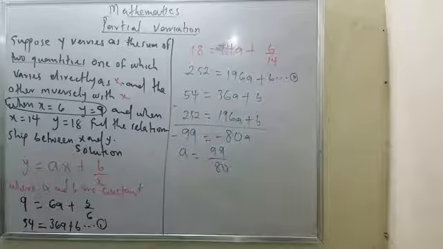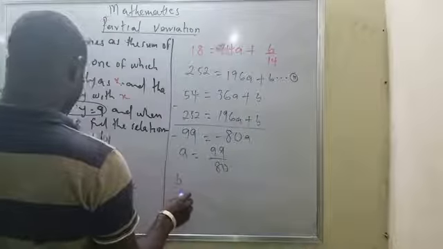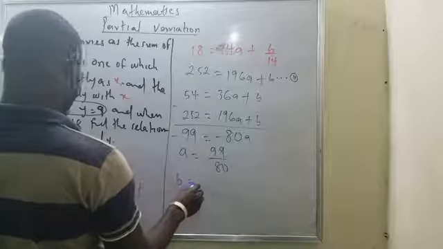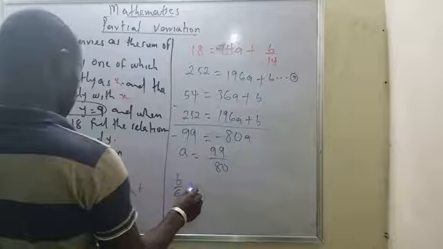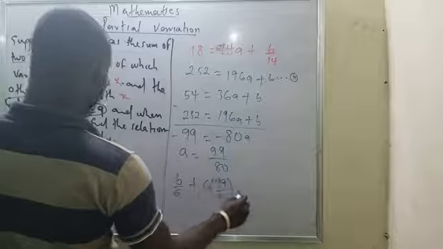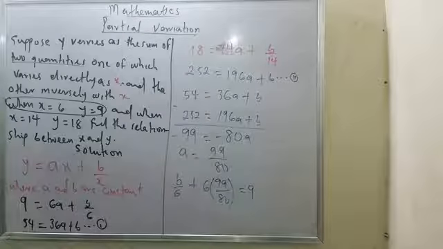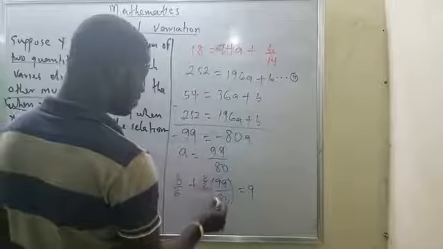My a is already given, so b all over 6 plus a bracket of 99 over 80 equals 9. Cutting, here will be 3, there will be 40.